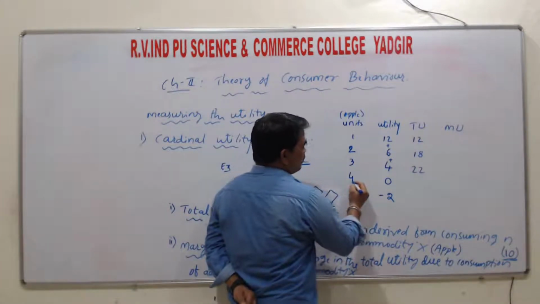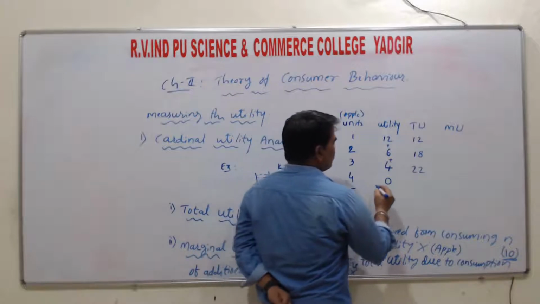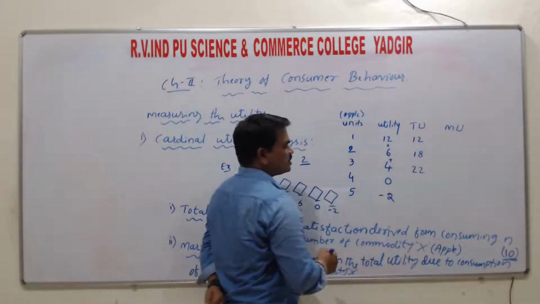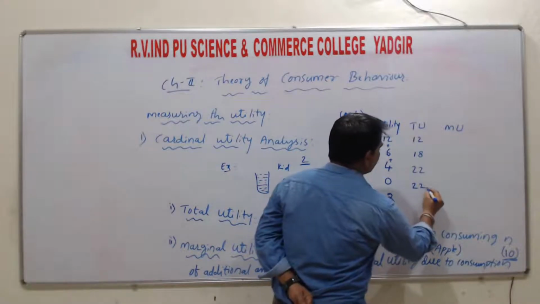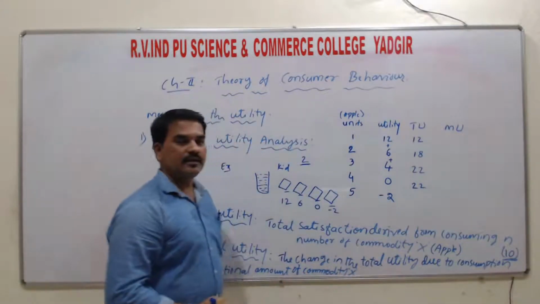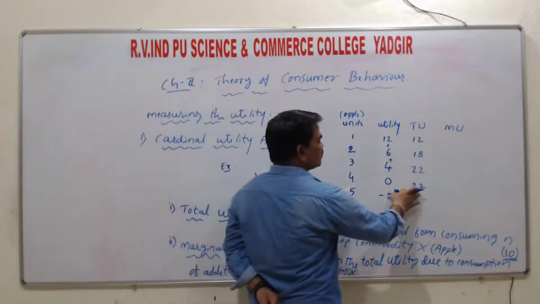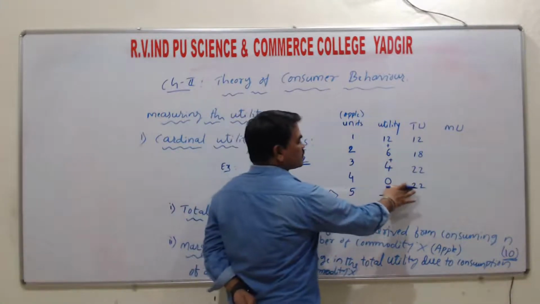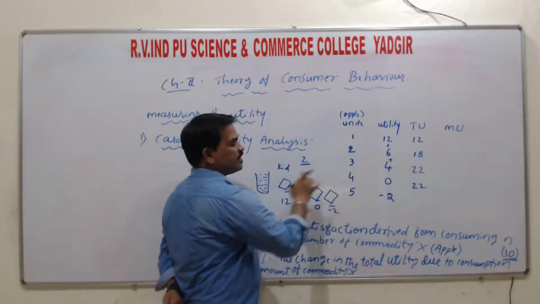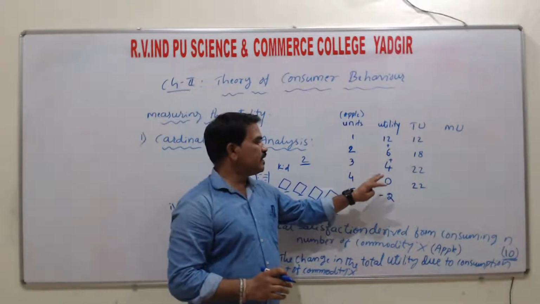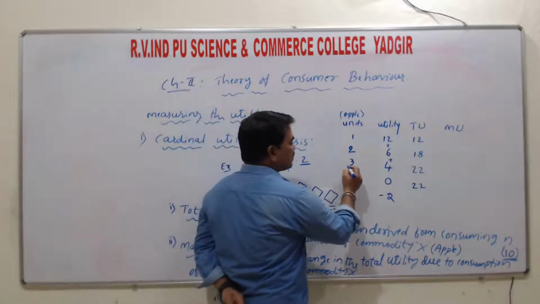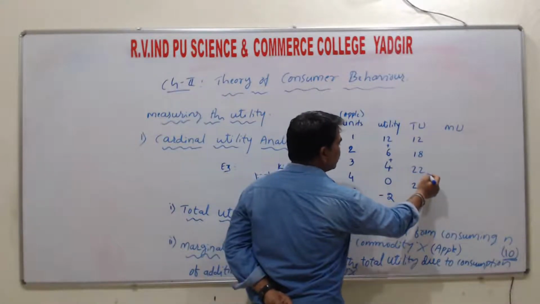When I have this 4th apple, there is no additional satisfaction, so it remains the same, 22. Correct? So there is no change in the total utility. It remains constant at this level. This is very important to understand. So I am repeating here, for 3 apples, the total utility is 22.